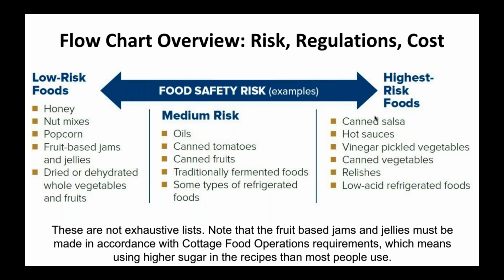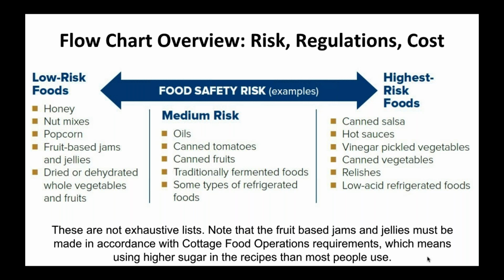And so as you go from what's considered a low risk type of processed food to a high risk type of processed food, you're going to have increasing numbers of food regulations that are going to apply to the production of those types of products. So here in this slide, we're giving some examples of what would be considered low-risk foods and all the way up the spectrum to what would be considered high-risk foods. So I'll start on the left-hand side with the low-risk foods.